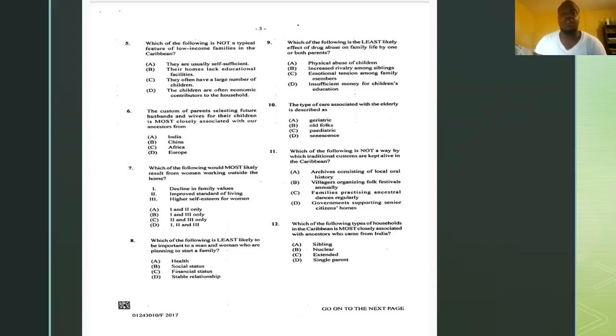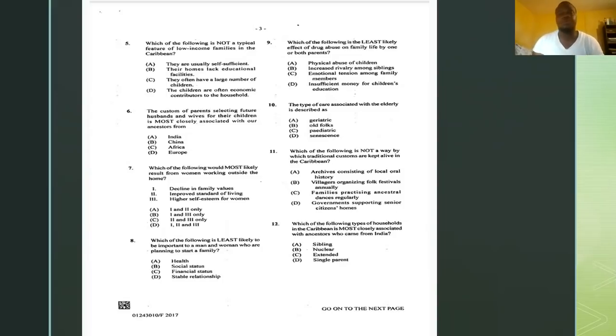It says which of the following is not. So 3 of them are features, but 1 is not a feature. So you need to find out the one that is not a feature. So the answer for question 5 is A. They are usually self-sufficient. Low-income families are never self-sufficient. So the answer for number 5 is A.